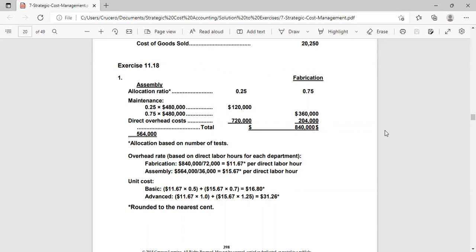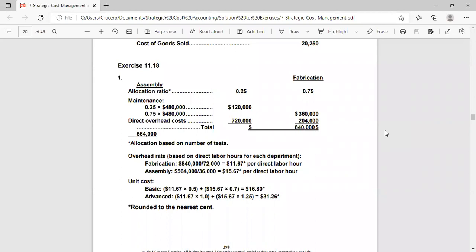Immediately after preparing the budgeted data, a consultant suggests that two manufacturing cells be created, one for the manufacture of the basic model and the other for the manufacture of the advanced model. Raw materials would be delivered to each cell and goods would be shipped immediately to customers upon completion.